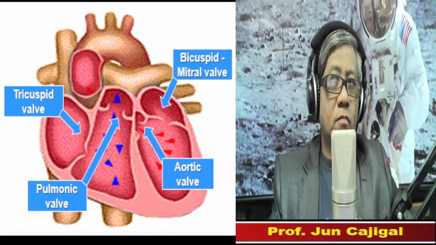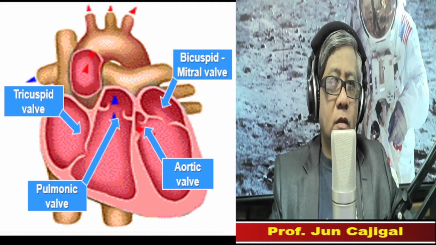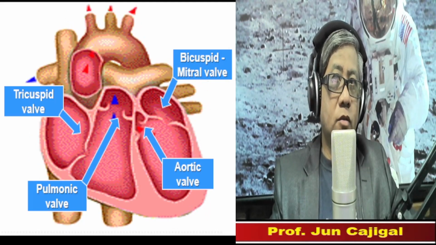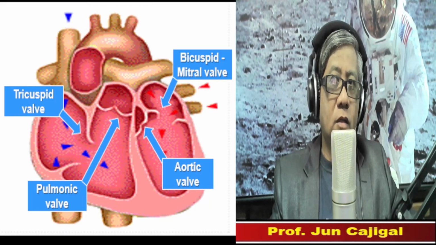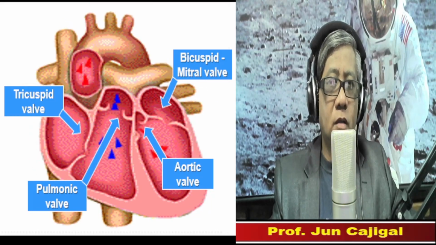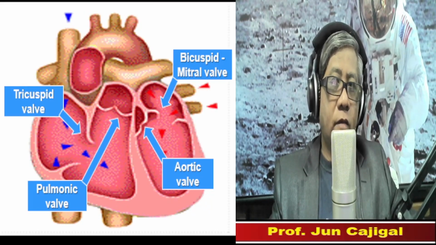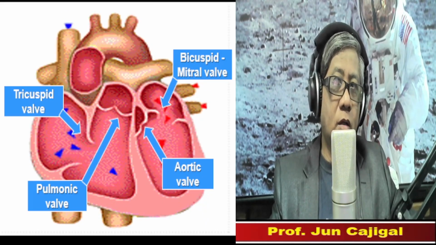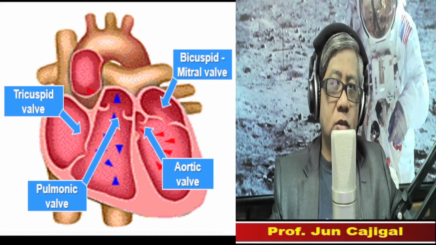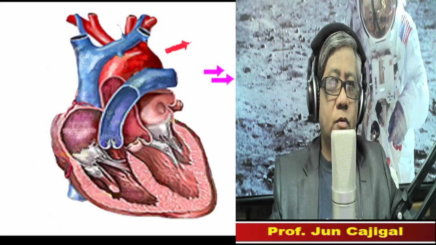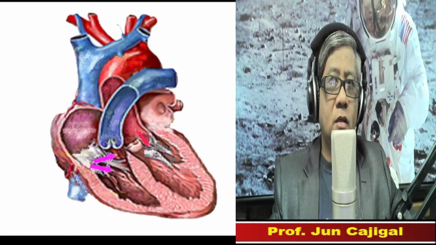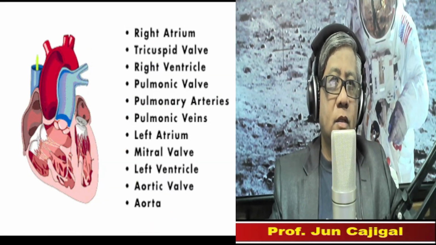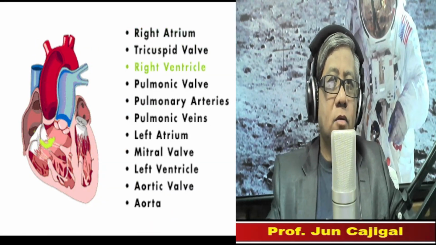And as I have mentioned earlier, the right side of the heart accommodates blood rich in carbon dioxide, or deoxygenated blood, while the left side of the heart accommodates oxygenated blood, or blood rich in oxygen. Now at this point, let us study how the blood flows inside the heart. We start with the right atrium.